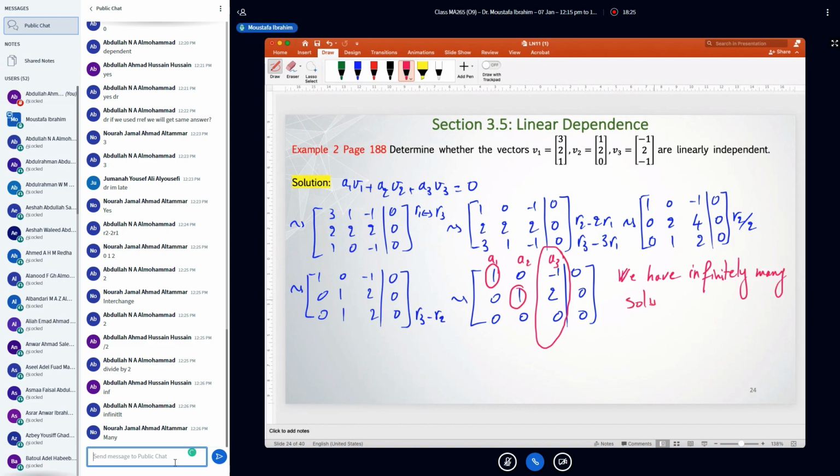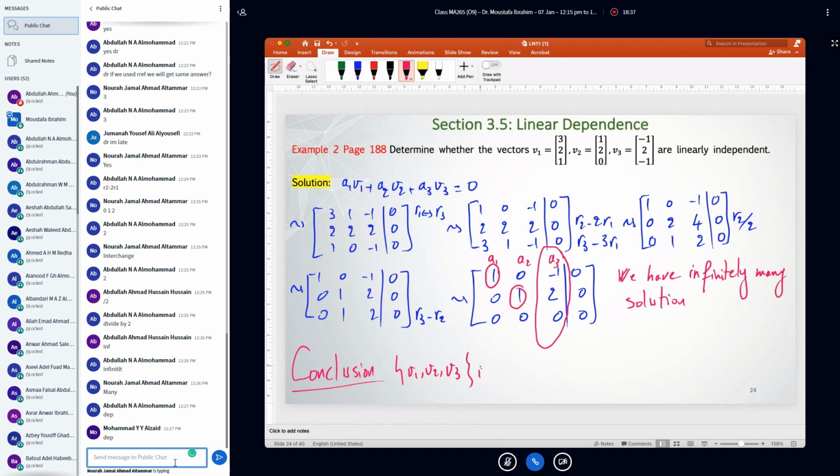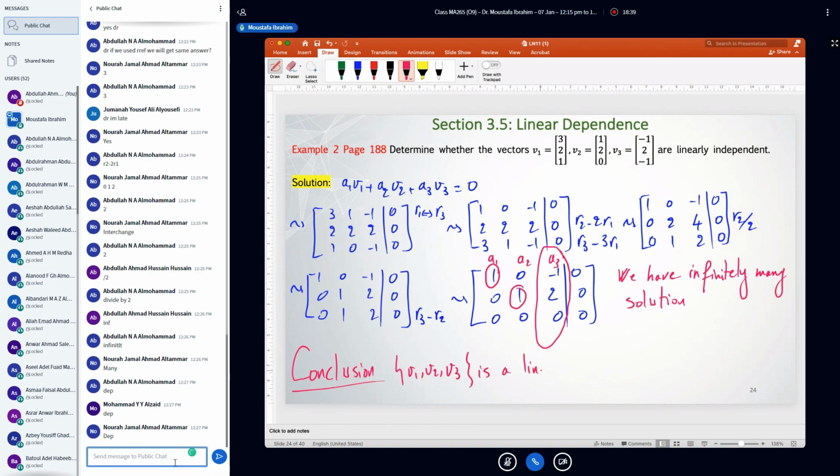So the vectors, conclusion: linearly dependent or independent? Very good, a linearly dependent set.